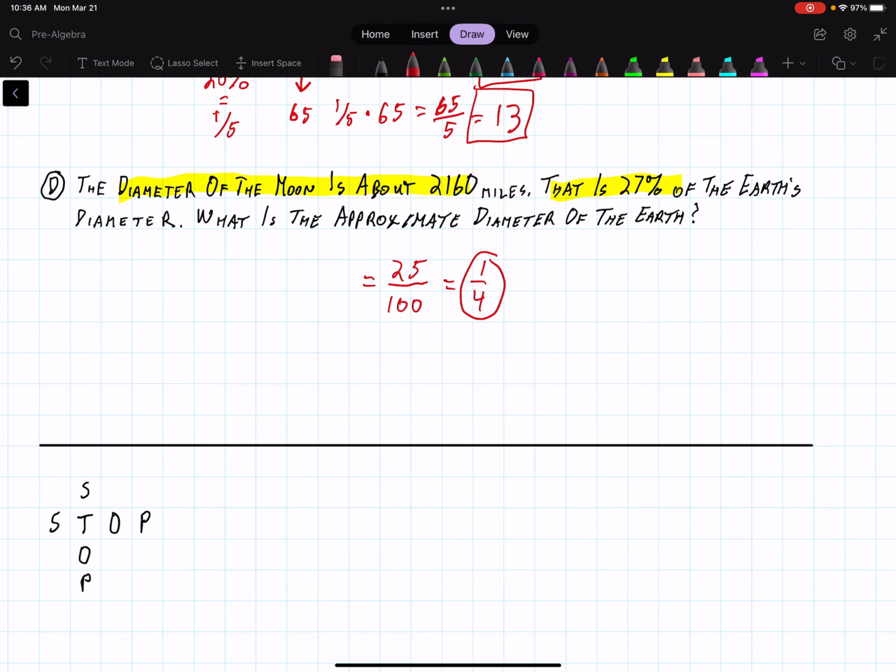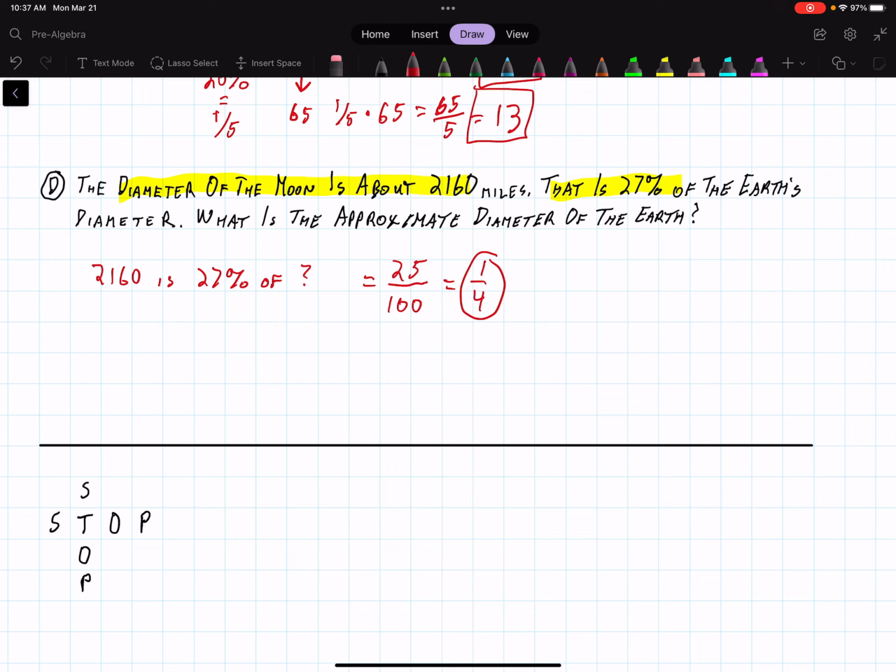Now I could use a formula or a proportion to calculate that out. If I use the equation, if you remember, this would be saying 2160 is 27% of what number? And that number we're looking for is the Earth's diameter.